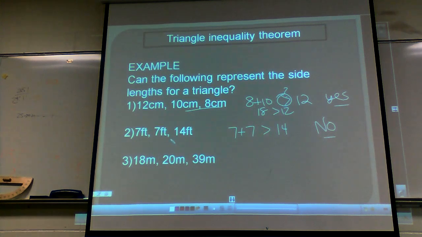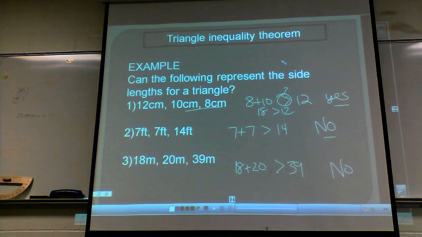Almost. Very close, if you took a ruler and actually measured out 7, 7, 14. This one here, what 2 numbers am I going to add together? 18 is 1. So again, I would check and make sure it's bigger than the third side. Is it? No. So the only possibility is if it actually is greater than.